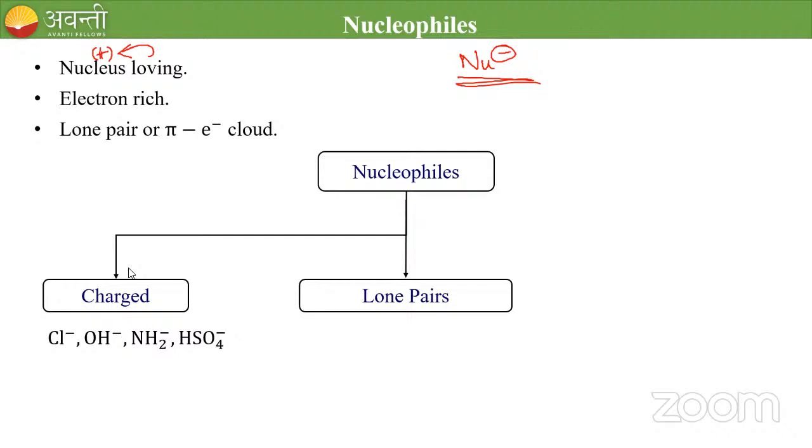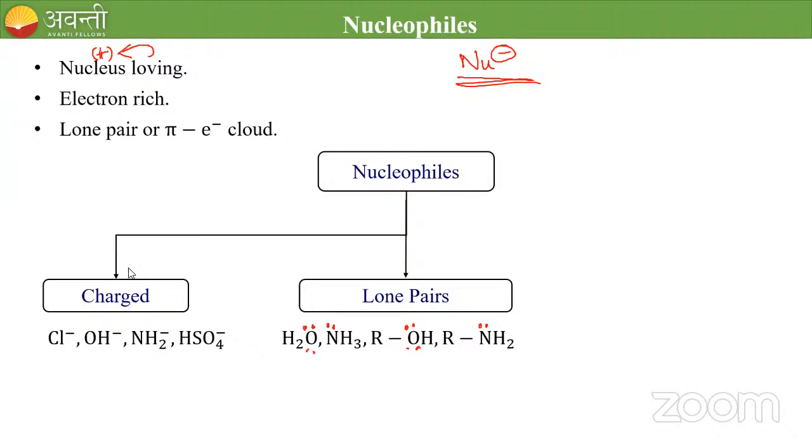Examples are water, NH3, ROH, RNH2. In all these compounds, we have lone pairs. In water, oxygen has two lone pairs, in ammonia nitrogen has one lone pair, in alcohol oxygen has two lone pairs, and in amine nitrogen has one lone pair. Through this lone pair, they act as electron-rich centers.